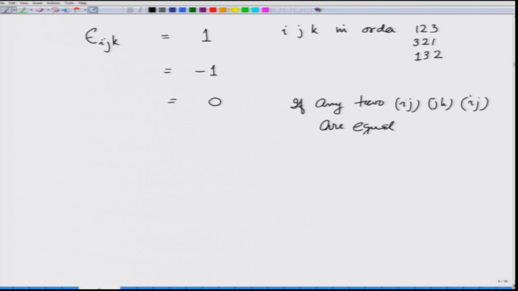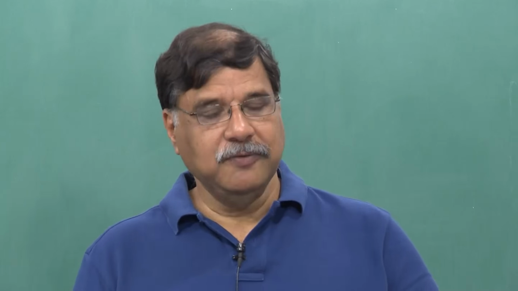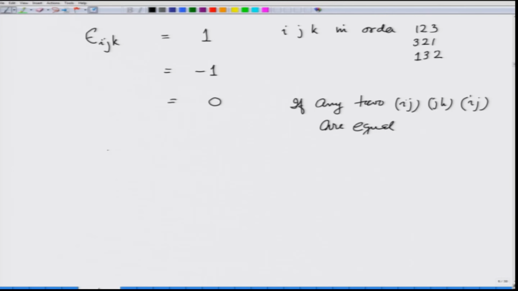If you find it a little difficult to remember, now let me give you a trick. Let me take a different color and write 1, 2 and 3 in clockwise fashion. And let us also write this in counterclockwise fashion: 1, 3, 2.